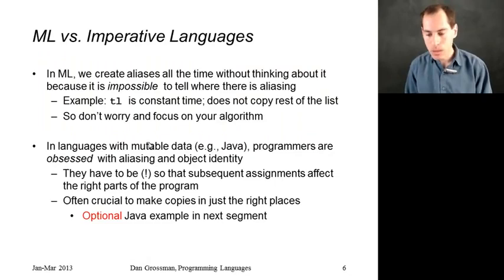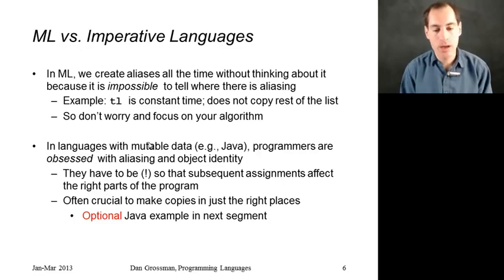All right? So in ML, it turns out that we create aliases all the time, and we don't even think about it, and that's okay, because you can never tell if two things are aliases or are two copies of identical values. Are they pointing to the same pair 3, 4, or to two copies of 3, 4? And in fact, the tail operation for lists is probably a great example.